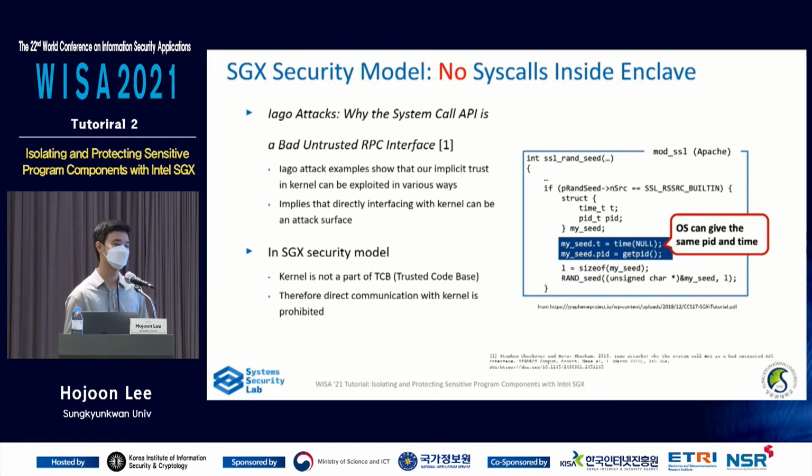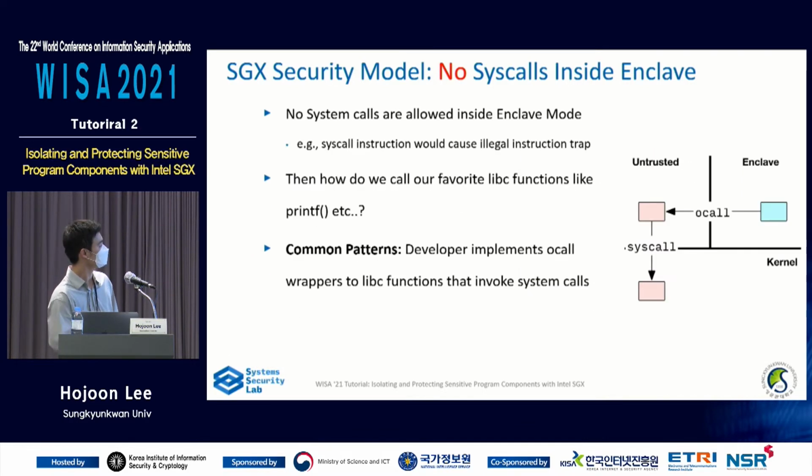Well then, how do you write programs for SGX if there are no system calls? It's almost impossible, right? So you kind of have to use a detour through the normal user space to be able to call something like printf. The common pattern is that the developer implements ocall wrappers or proxies to call libc functions that invoke system calls.